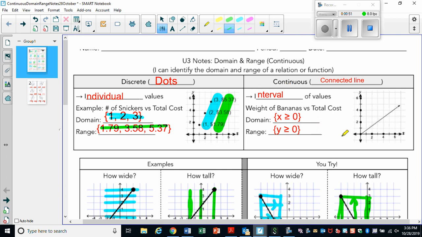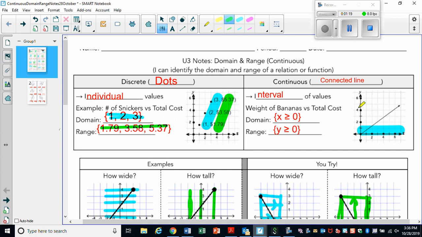Now for continuous, the domain is basically all your x values. You start from the left and work your way to the right. So in this case, the domain is all x values that are greater than or equal to 0, as the arrow starts at 0 and goes to the right. But notice how it goes up as well.